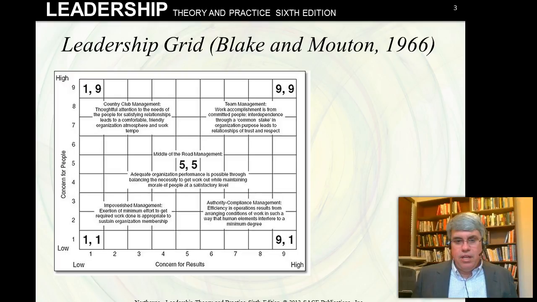Now, these two dimensions, Blake and Mouton divided them up into 5 different areas of the grid. We can start off with someone who's very concerned for people, but not too concerned for the task. And this is called country club management. This is where the manager is really concerned that everybody gets along, that they all have their needs met, that it's a fun, really great atmosphere, and the emphasis is not on getting the work done.